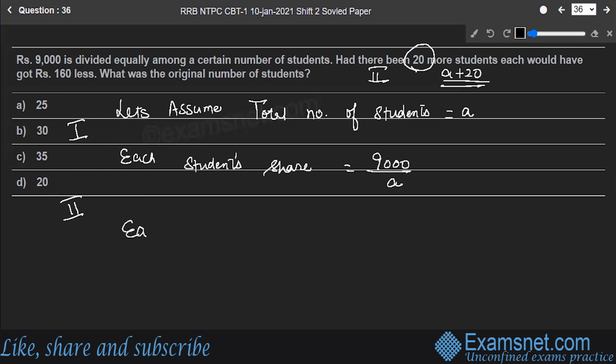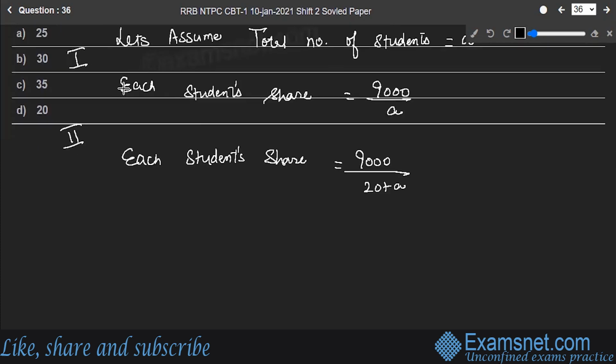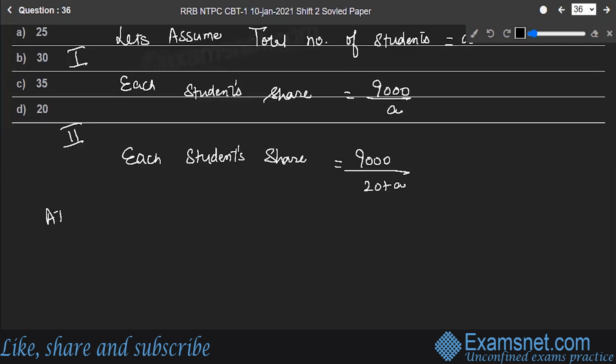Now each student's share is 9,000 upon 20 plus A. Now it is said in the question that each one would have got 160 rupees less. So that means according to the question, this is more amount and this is a lesser amount, right?